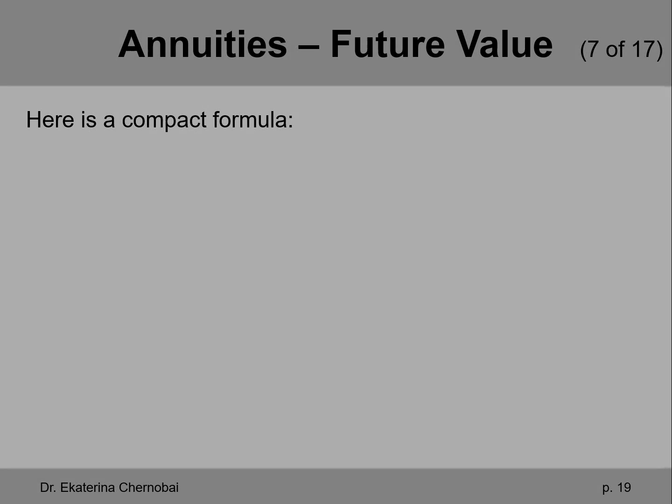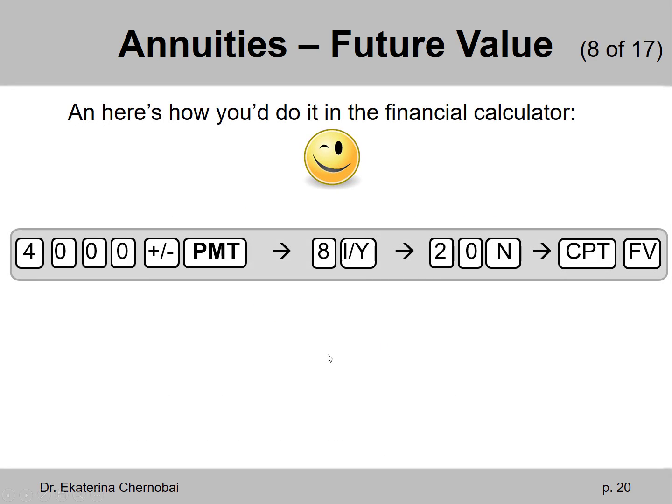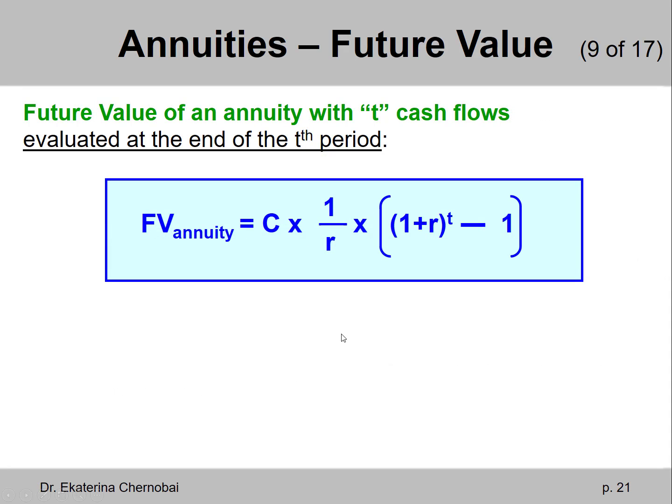And the steps I just showed in the financial calculator are all repeated here. The PMT key is the new key we have just learned. And N now means how many cash flows we have. Interest rate just stays as is. This is the general formula.